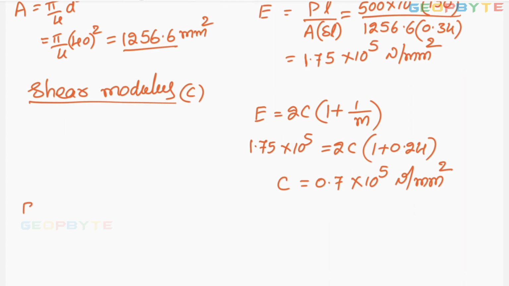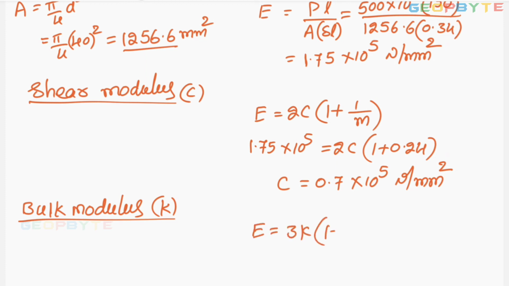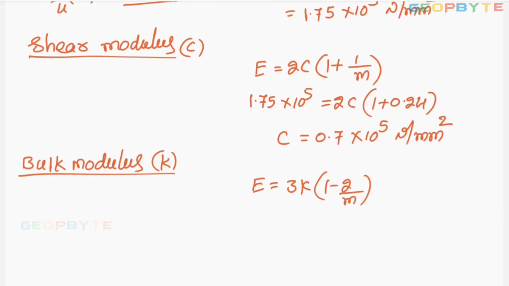Similarly, bulk modulus. Young's modulus E equal to 3k into 1 minus 2 by m. From this you can decide the k value.